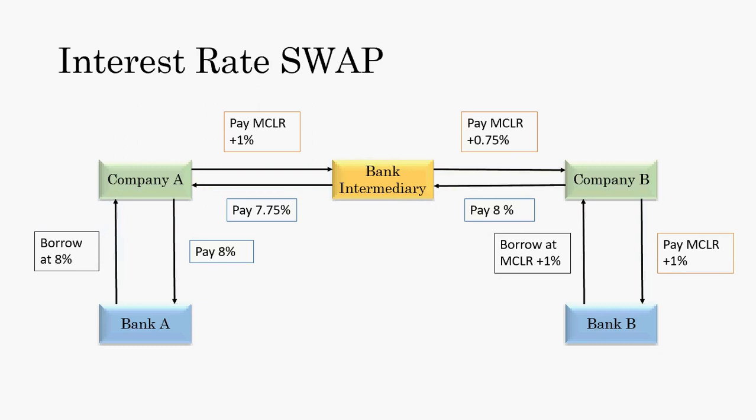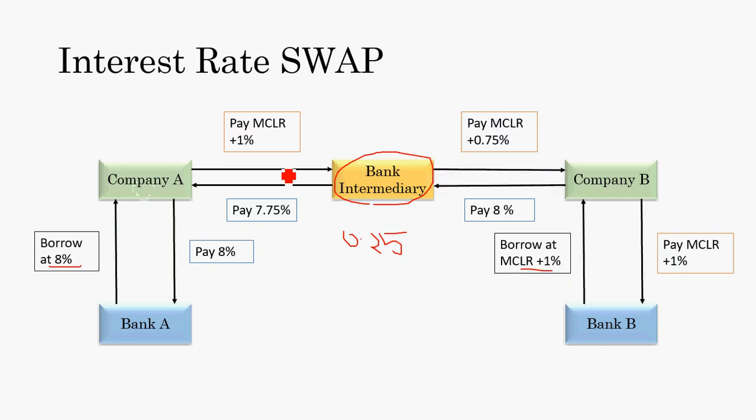If you look at this, a bank is going to act as an intermediary and it is going to charge a commission on both sides, from company A as well as company B, a percentage of commission. Here in this case that is 0.25%. To start with, company B has borrowed the principal amount at MCLR plus 1 and company A has borrowed at 8%.